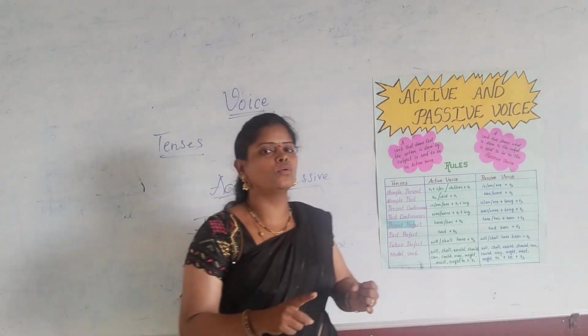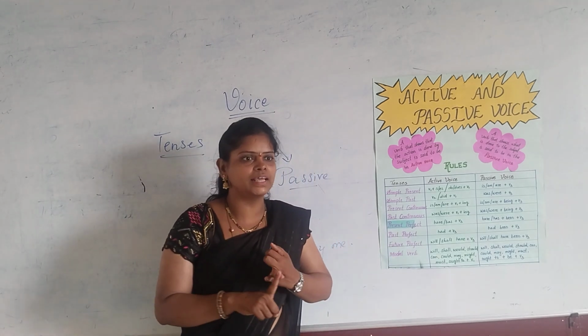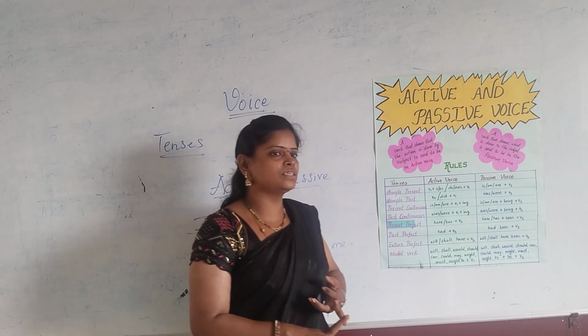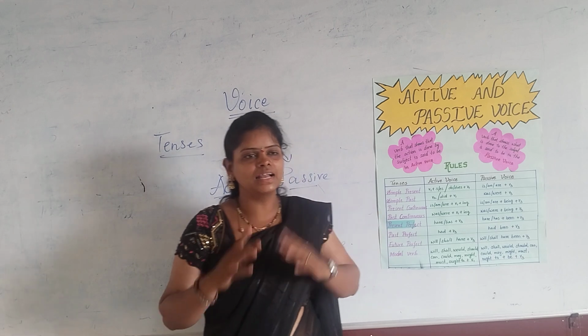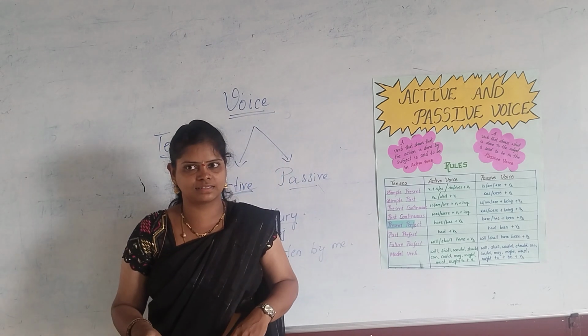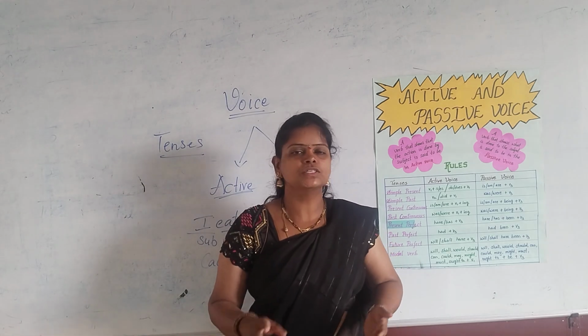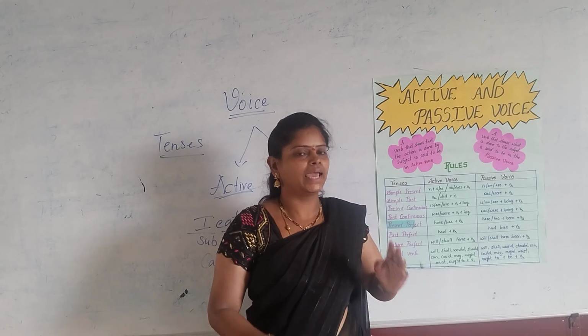We can change simple tenses, and continuous, but we can't change future continuous. We can change perfect completely, all three, but we can't change perfect continuous. So out of all 12 tenses, we can change only 8.